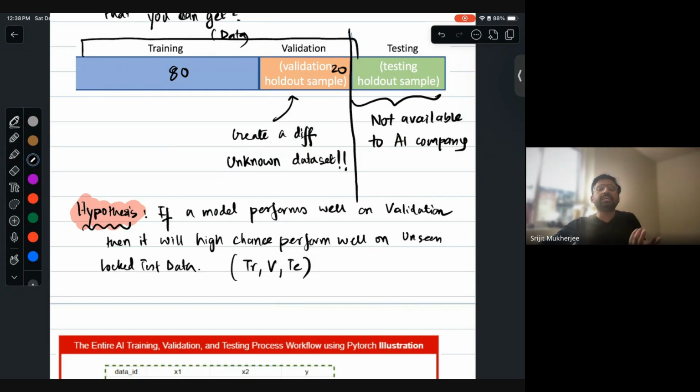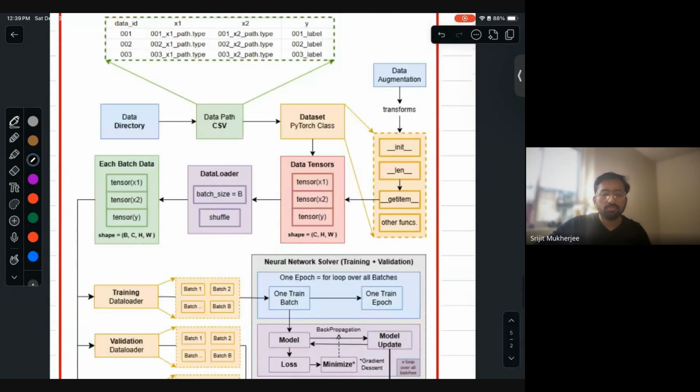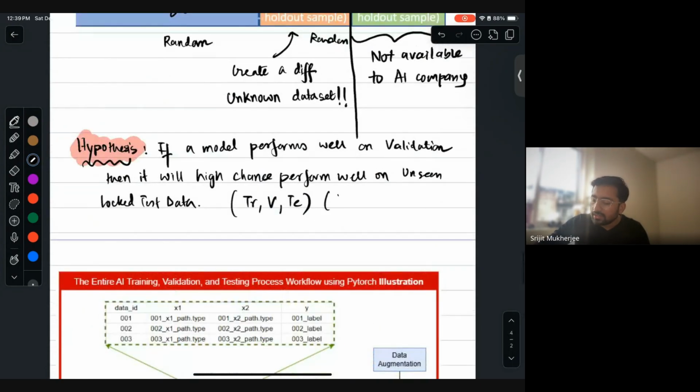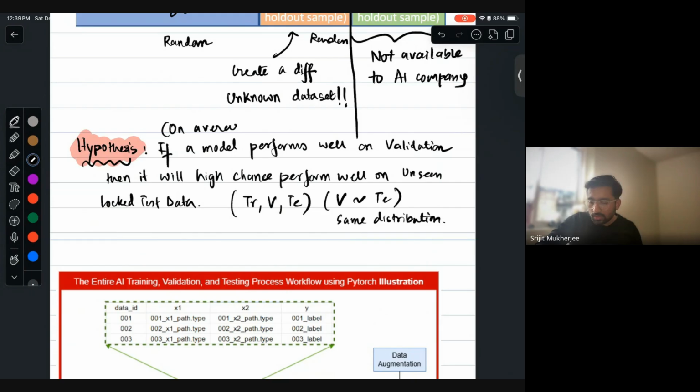Since both V and TE are taken at random, these are random splits, so both have the same distribution. Ideally V is distributed the same as TE, so on average it should work well. On average. This is mathematically proven.